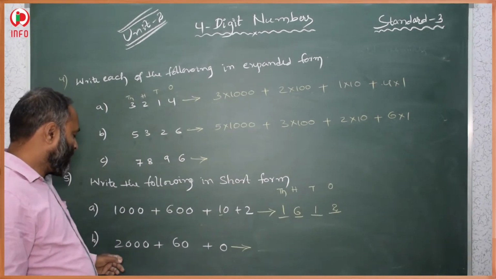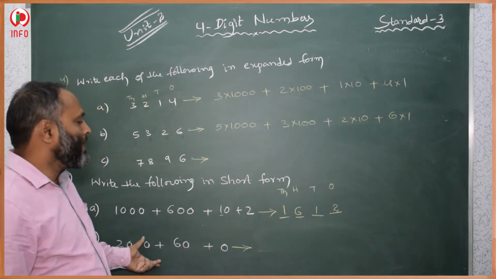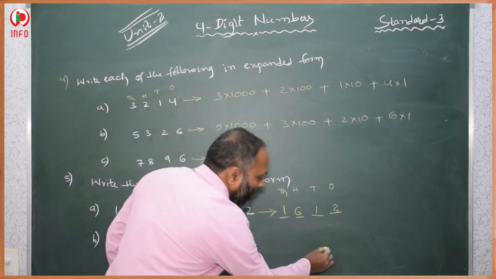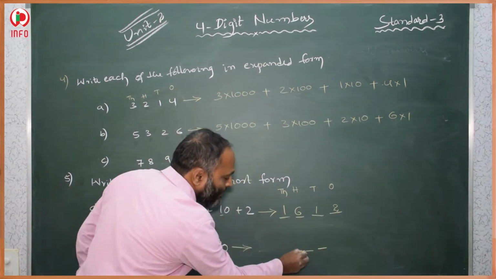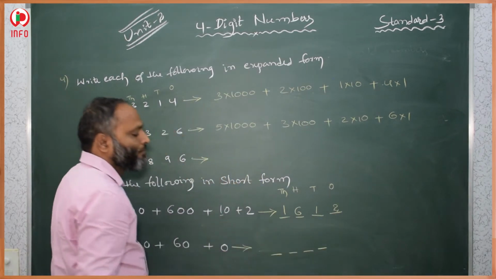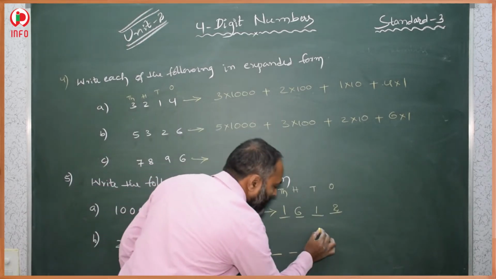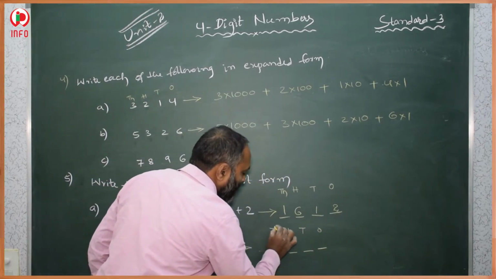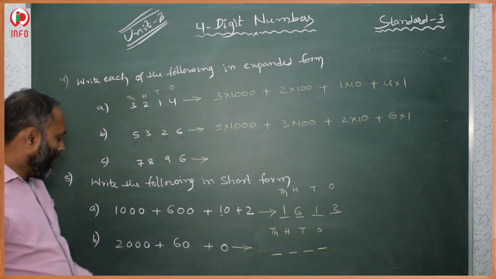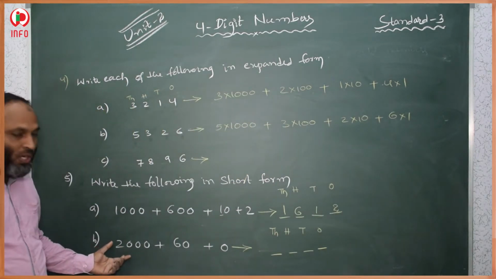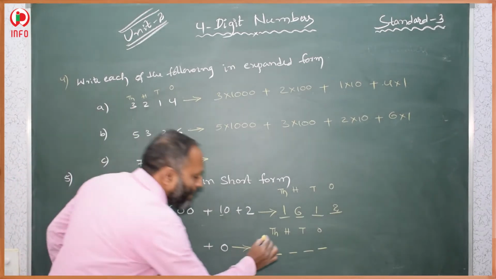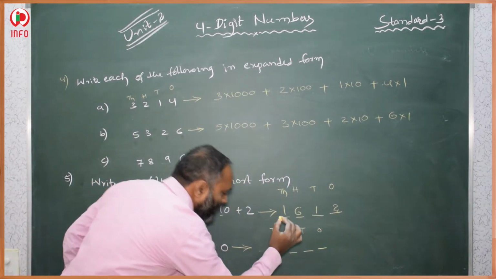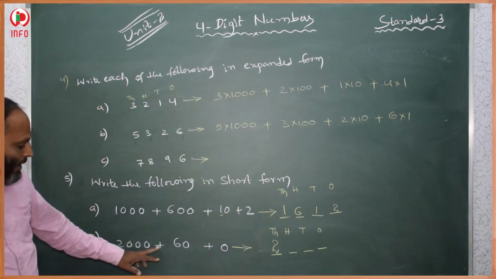Second question. How to convert this into short form? First 4 digits, 1, 2, 3, 4. This is ones place, this is tens place, this is hundreds place, this is thousands place. Here in thousands place 2000 is given, it means in thousands place 2 comes. Then here 60 is there.